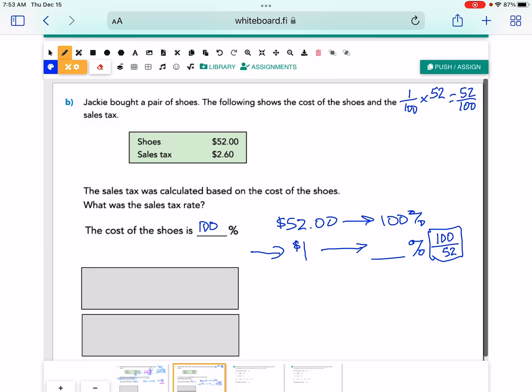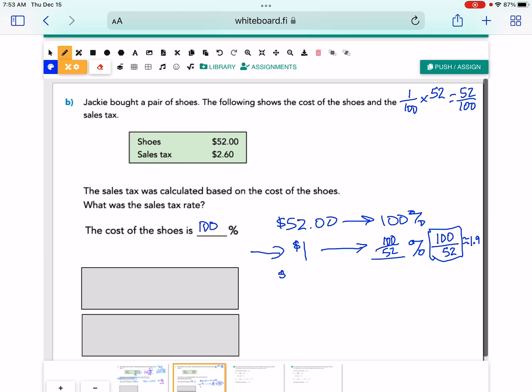We know that there are two 50s in 100, but 52 does not go into 100 evenly twice. It's about 1.9 something. If you did the division, you'd see. So I'm just going to leave this 100 over 52 like this. All right. And I know that $1 is 100 divided by 52%.